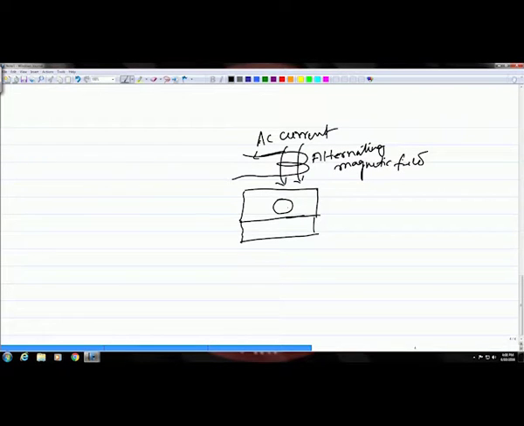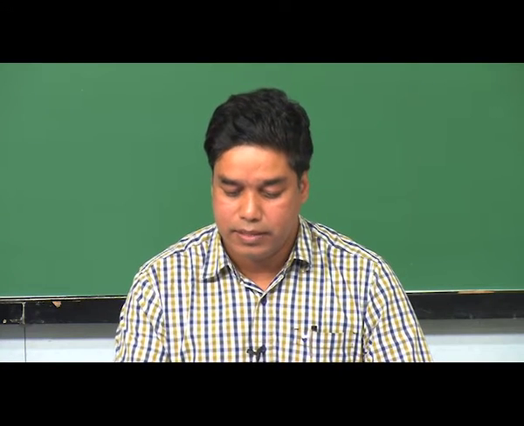Which will induce this current in this conductor. Okay. And if there are any discontinuities around this induced current, there will be change in the induced current, and as a result there will be some change in this coil which needs to be detected in order to detect the defect. Okay.